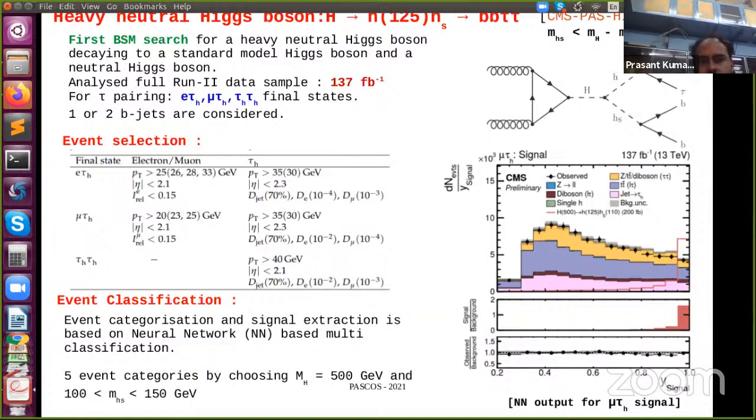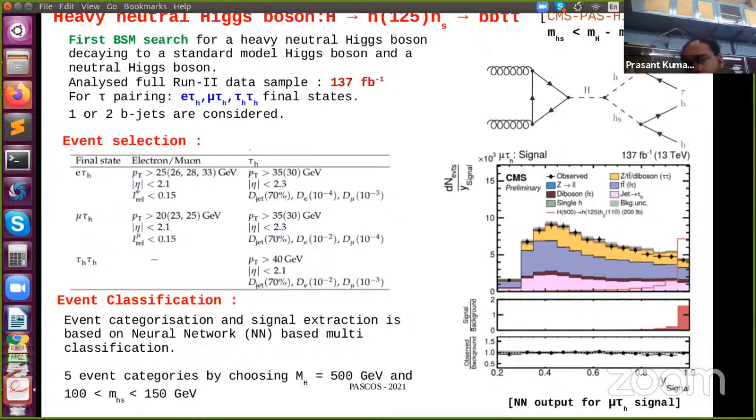In the event classification and signal extraction, these are performed using neural network-based multi-classification techniques for this analysis. Accordingly, 5 event categories have been chosen, using a particular heavy Higgs boson mass of 500 GeV, and the mass of the scalar in between 100 to 150 GeV.